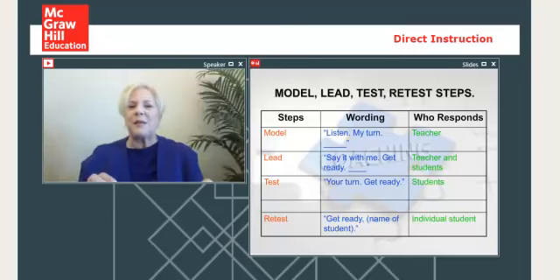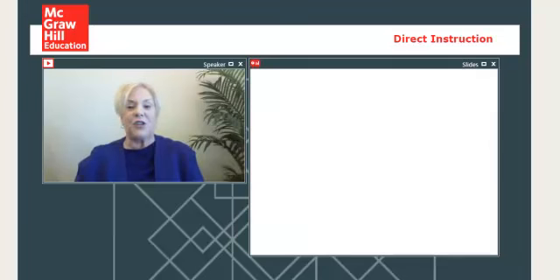That lead helps them so much. Just think for a minute. How do students learn to say the Pledge of Allegiance? By being led. It's a very secure way to really help that learner. Then we have the test where we test the group, and then the retest on individual terms.